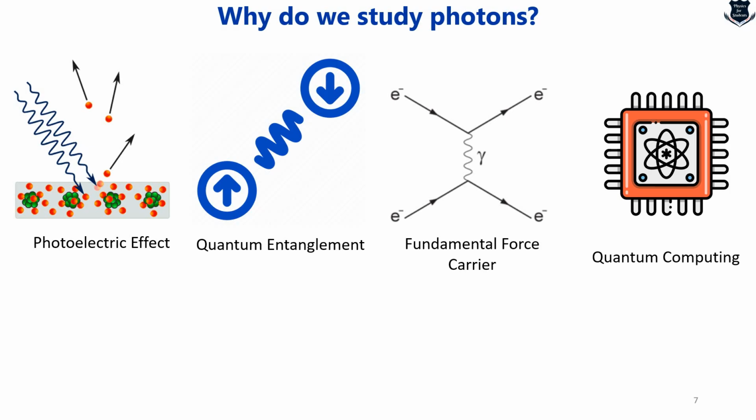Also, quantum computing. Photons are used in quantum computing as qubits, the basic units of information. Another part which I have not mentioned is quantum cryptography, where photons can be used to transmit information securely using quantum key distribution.